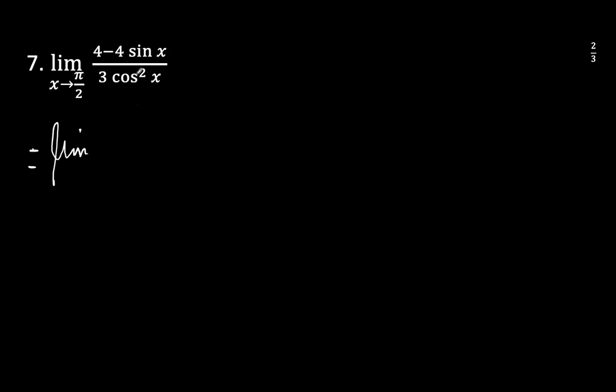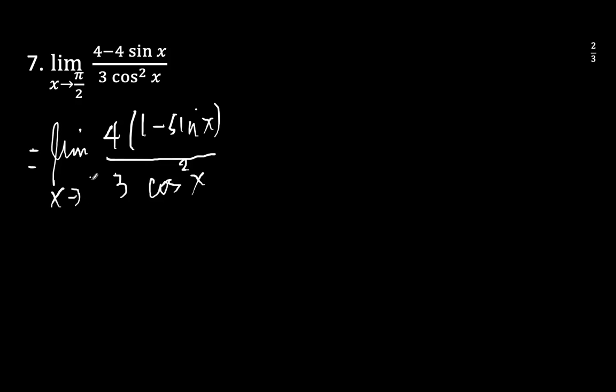We know that pi over 2 is a part of the domain of sine and cosine, so we can substitute pi over 2. But let's simplify first. We factored 4, so this is 4 times 1 minus sine x over 3 cosine square x.